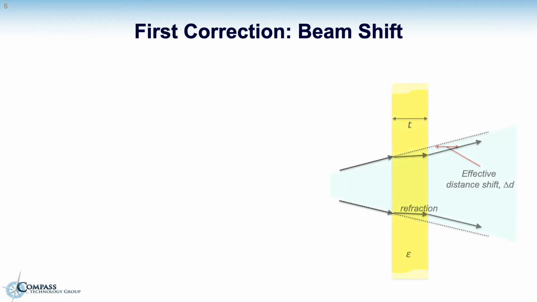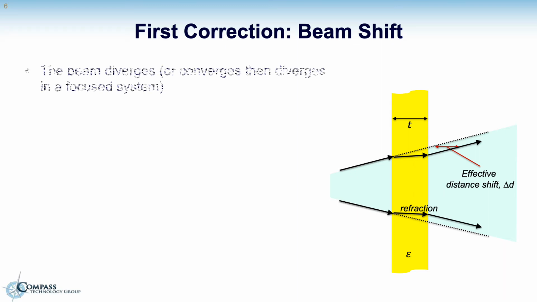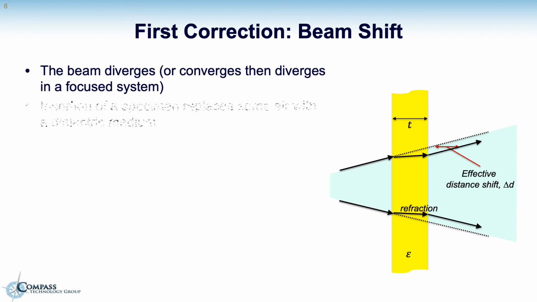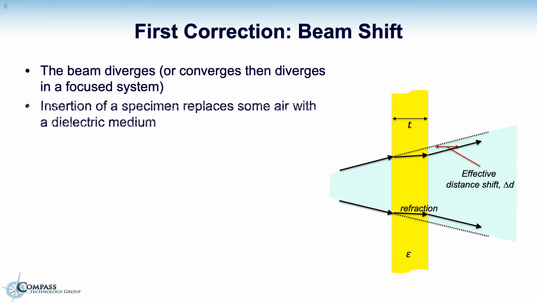This slide shows a cartoon on the right that describes the effect of the beam shift that I just discussed. So here we have energy from a diverging spot probe, shaded in green, starting on the left side and moving to the right, and it's passing through a finite thickness sample with thickness T, colored in yellow.